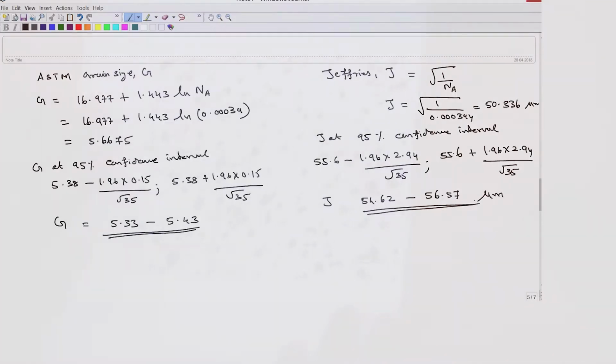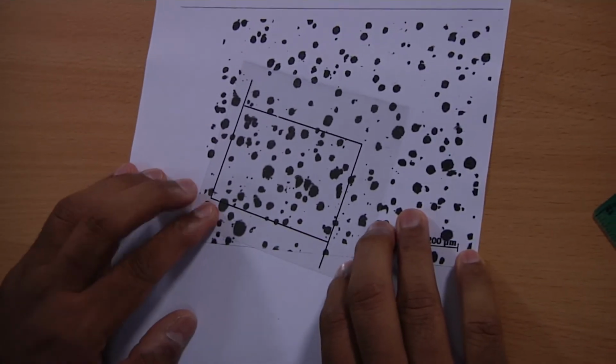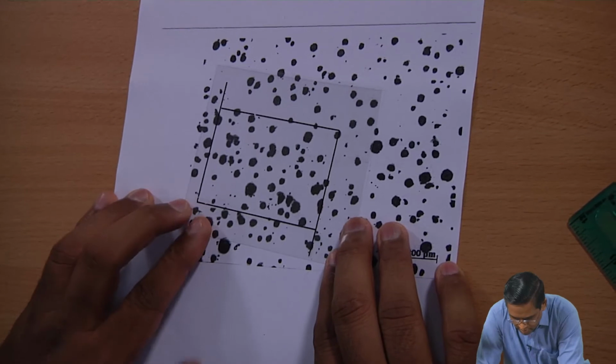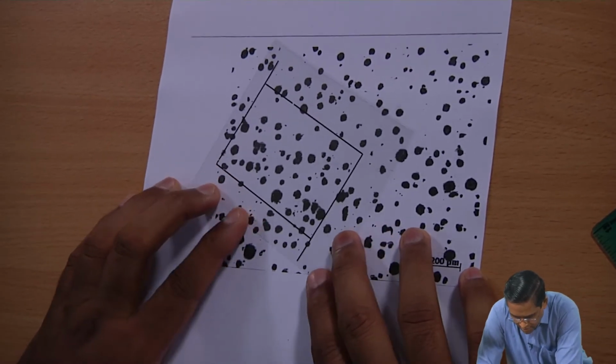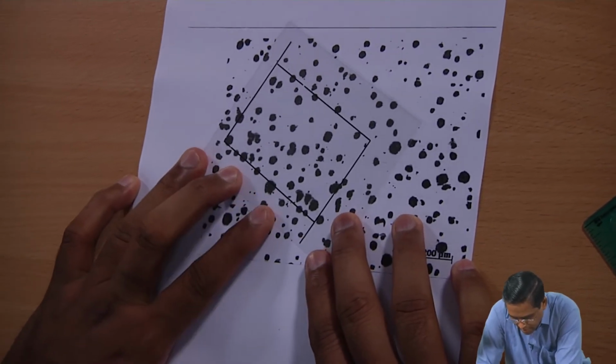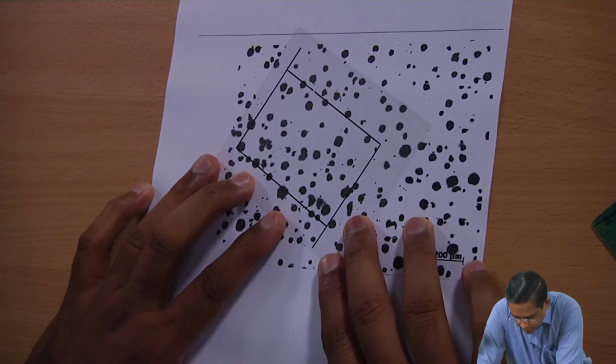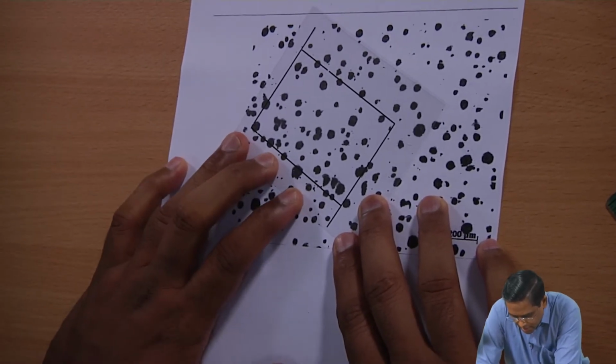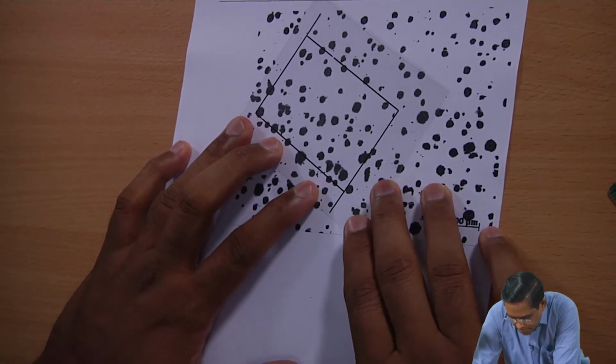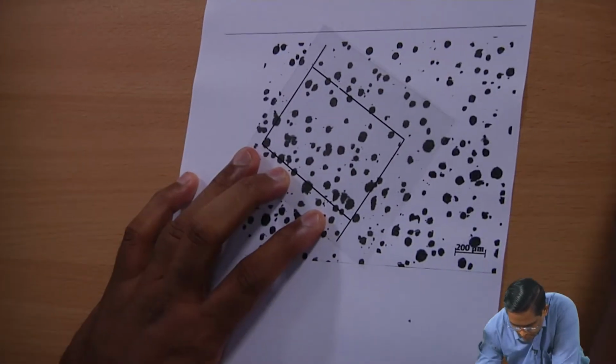I will take up the microstructure again and do this calculation. You can keep the graphite nodular microstructure like this, keep the probe like this, and then start counting.